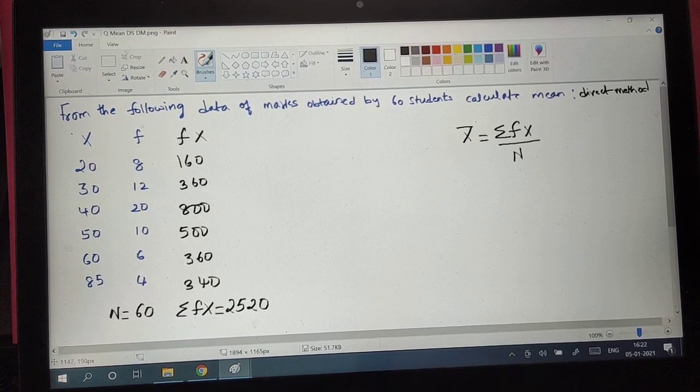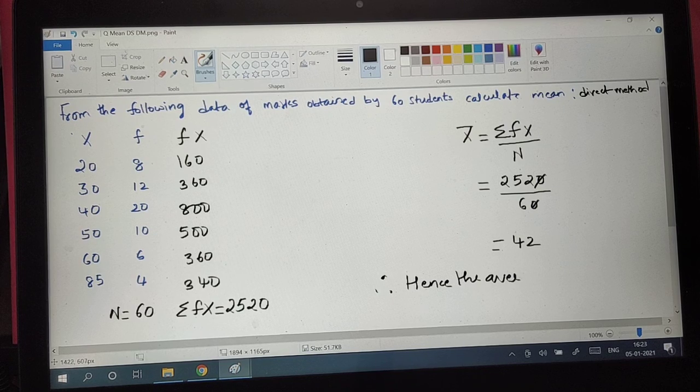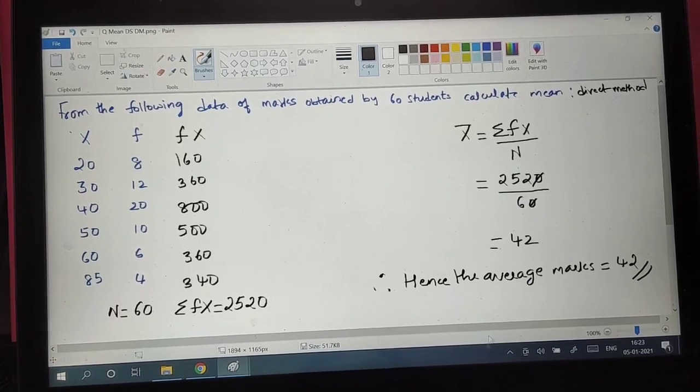Now I can substitute these values directly into the formula, which is 2520 divided by 60. Here I will get a final answer, which is 42. So I can write a statement saying that therefore the average marks is equal to 42. This is how we will be solving a direct method formula.